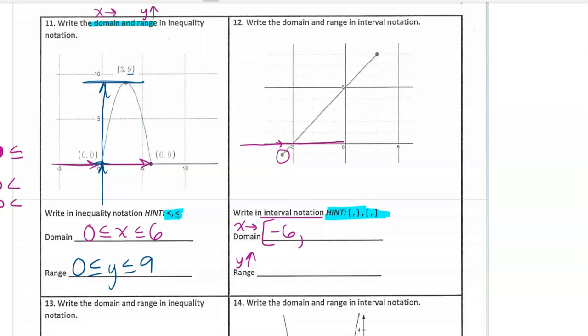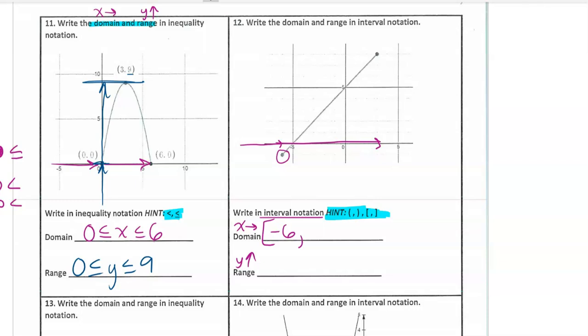As the x values increase, where is our graph heading? It's about here. That is the worst straight line ever. Let's just say 1, 2, 3, 4.